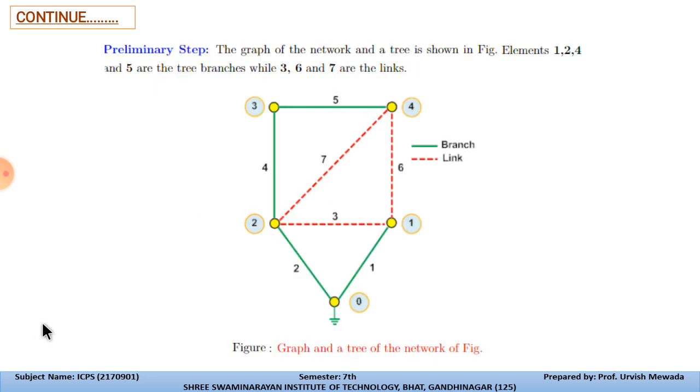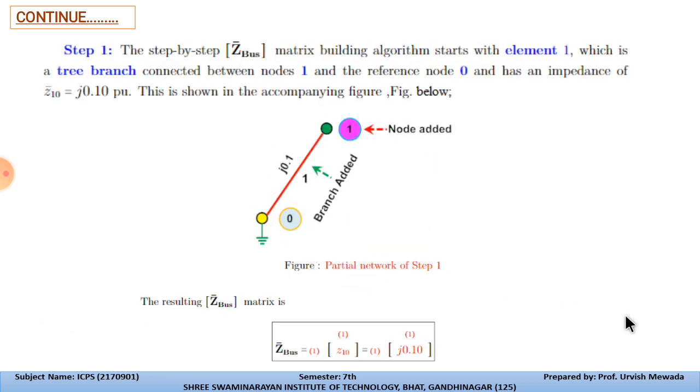This is a tree branch connected between node 1 and the reference node 0, and it has an impedance of j0.1 pu, as shown in the accompanying figure.